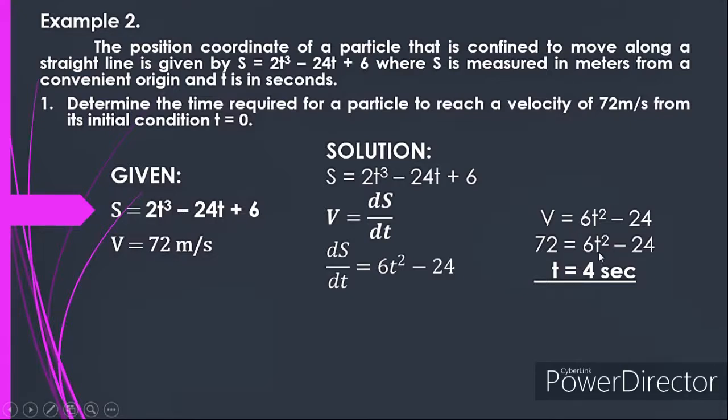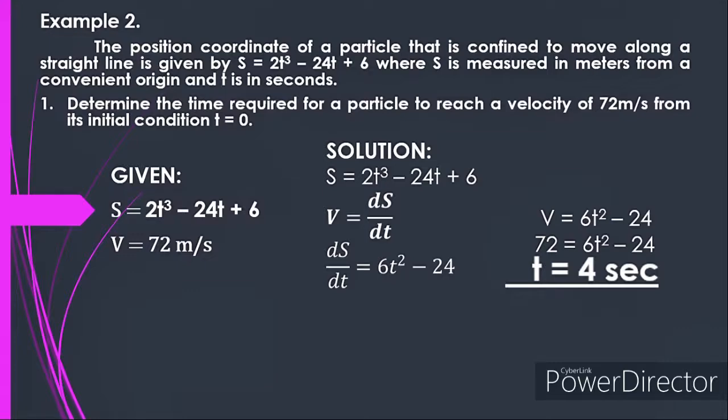So, find for t. T is equals to 4 seconds. So, ayan. So, yung required time daw ng isang particle bago niya marating yung 72 meters per second na velocity ay 4 seconds.